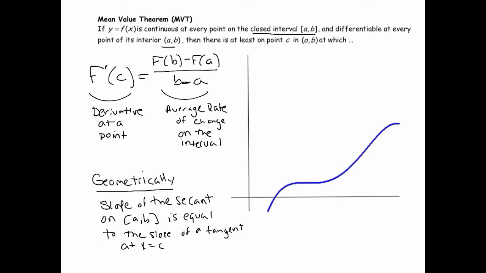Alright, so again, if this function is f of x, we're stating that, let's say that's a and that's b, this would be f of a, and this would be f of b.